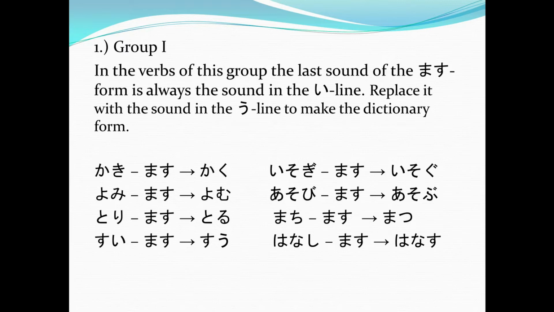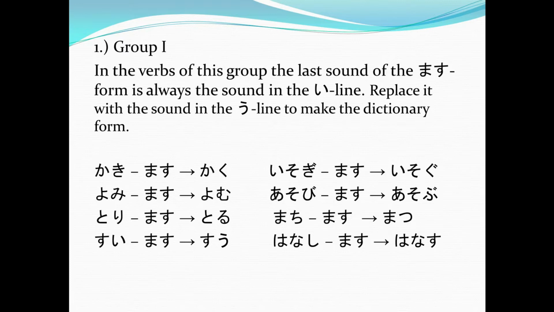Now next verb example, we have yomimasu, to read. To transform yomimasu into the verb dictionary form, you just have to drop the masu, then change mi into its U counterpart, which is mu. So yomimasu will become yomu. Now next, torimasu, to take.